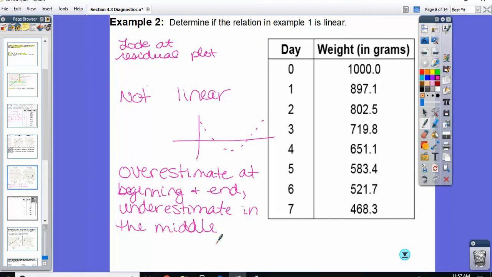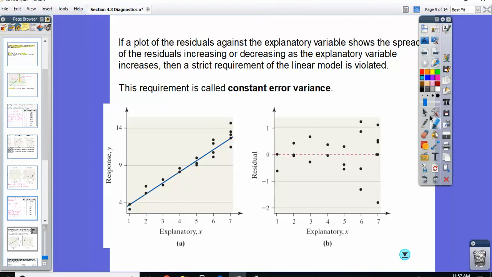There is a second issue that the residuals can show us, and that's what's called constant error variance. Ideally, if the data is great, it's evenly spread around 0, and it's just like a flat section.